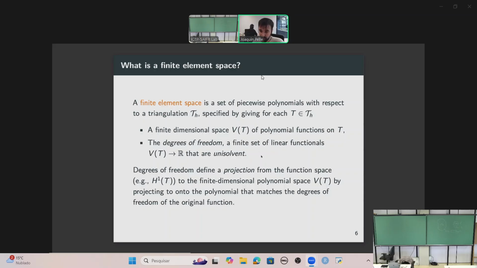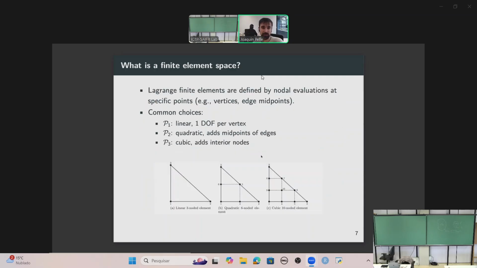So yeah, to put it in more concrete words, what I just said, think of, for example, the Lagrange finite elements, which are defined by basically the values that the polynomials take at certain nodes. So for example, for Lagrange elements of order 1, we have then linear polynomials.